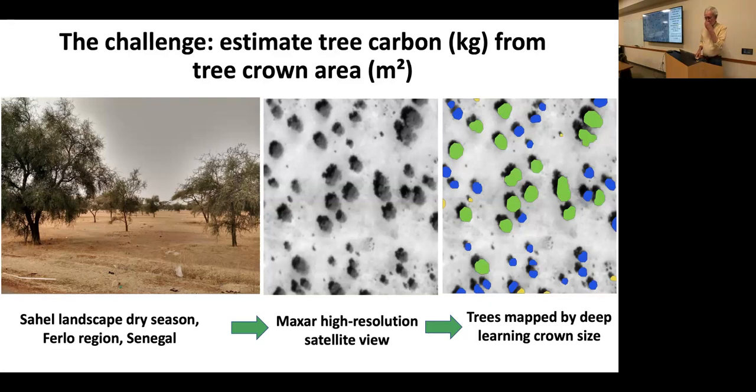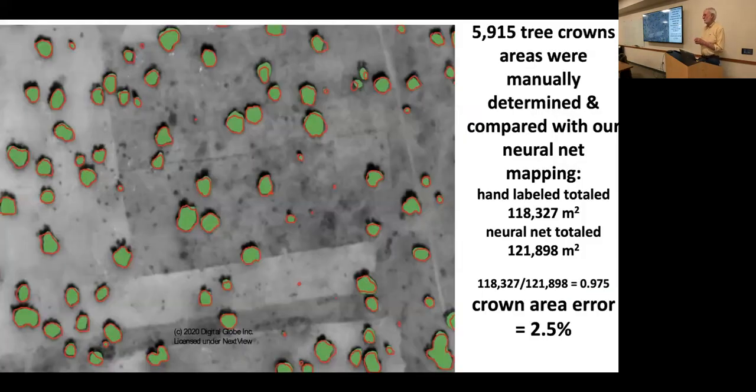So the first thing we did, we wanted to know how well our neural net worked. So this means if we were to do it again, we would have postdocs or graduate students do it, but we decided to do it ourselves the first time. One person did this from our team because we want to work out the method. And so they selected almost 6,000 tree crowns. Those are the green blobs you see there.